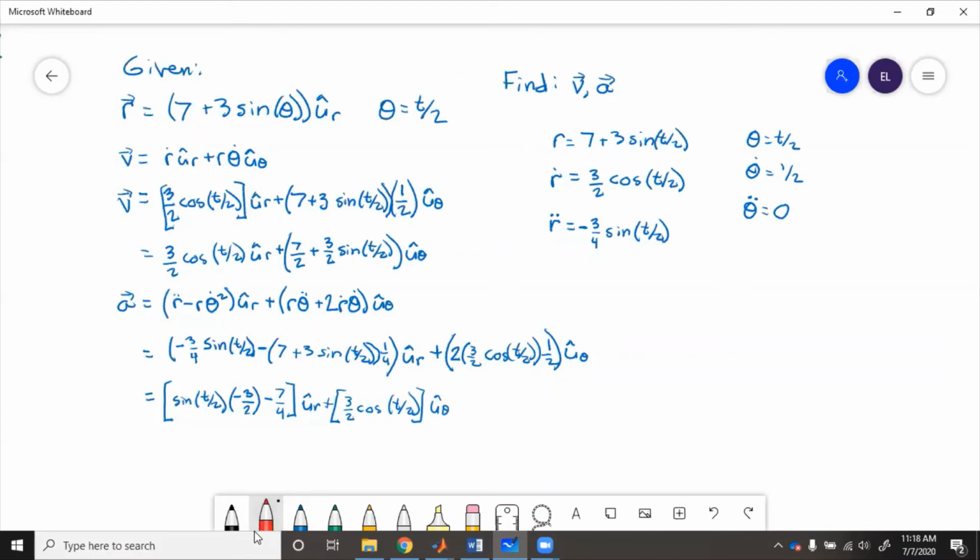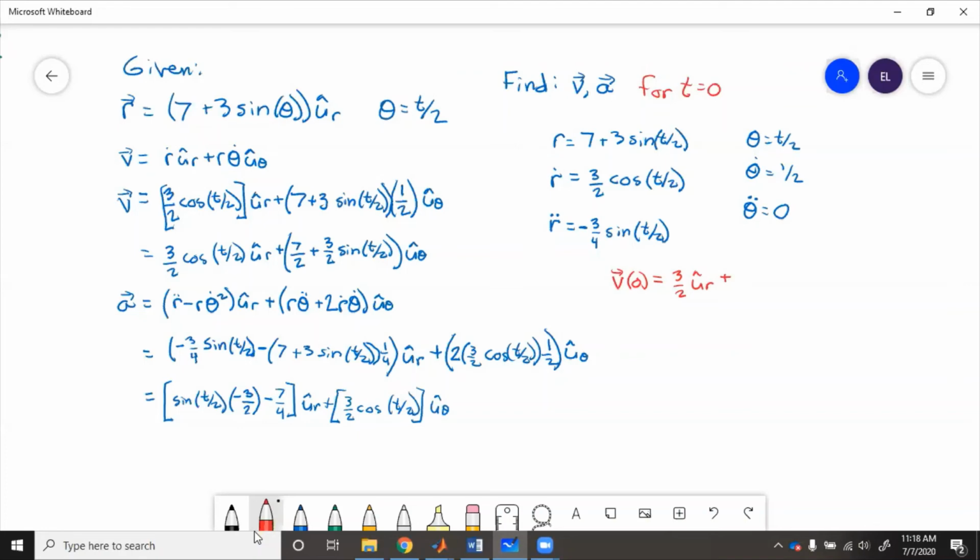Now let's say we want to put numbers in. Say we want to find an initial, t equals 0. So if we're finding it for t equals 0, we just need to plug 0 in to everything. So over here, v of 0, well, if you plug 0 in here, cosine of 0 is 1. So we'll just have 3/2 u_r plus sine of 0 is 0.